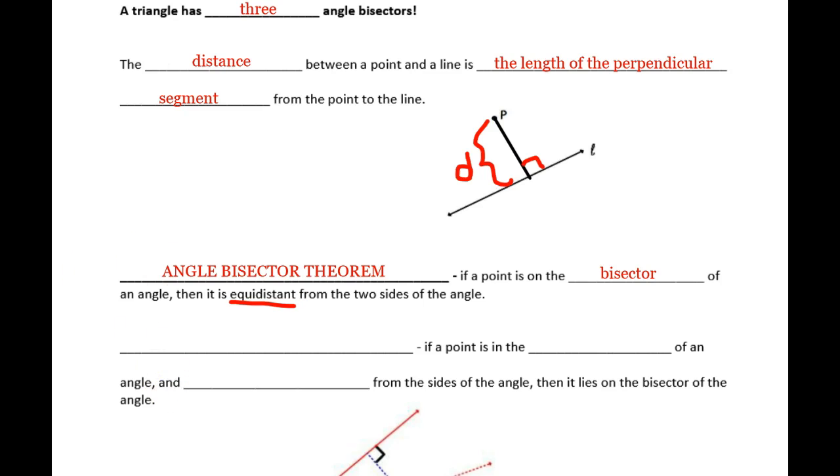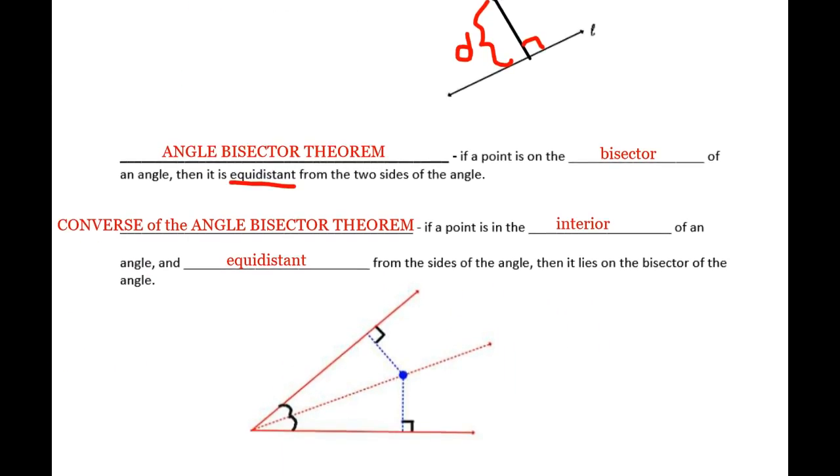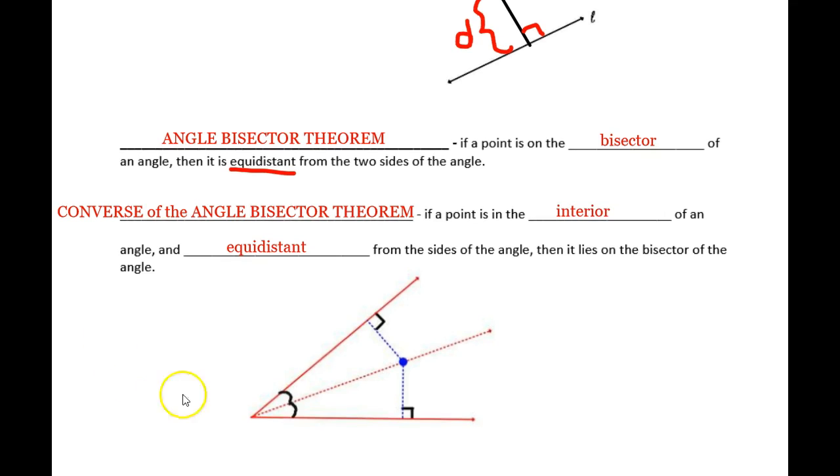And the converse of our angle bisector theorem tells us that if a point is in the interior of an angle and it is equidistant from the sides of the angle, then it lies on the angle bisector of the angle.